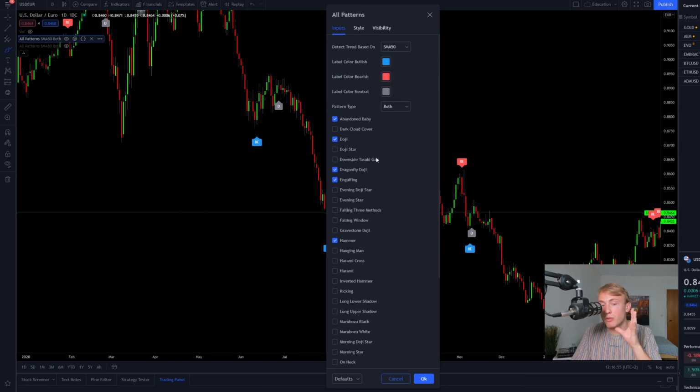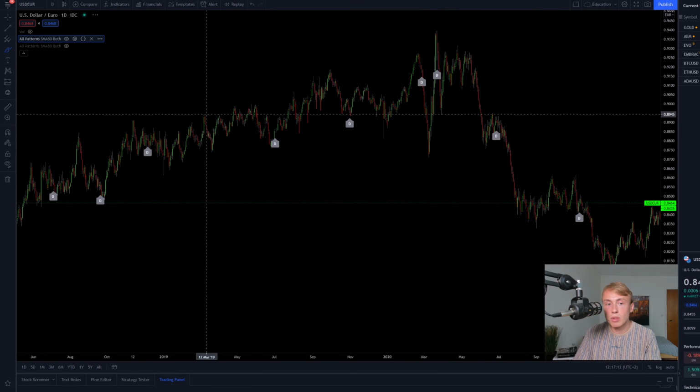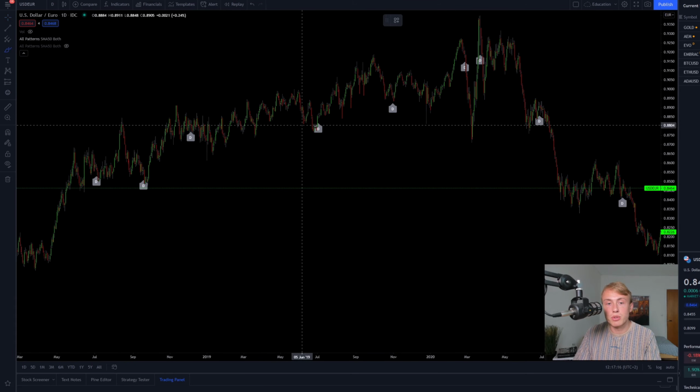If you're looking for only one specific pattern, let's say we only want to look for doji candles, then we uncheck every candle except the doji, like we have right here, and we press OK. So now the only candlestick pattern that will be represented on the chart are doji patterns.